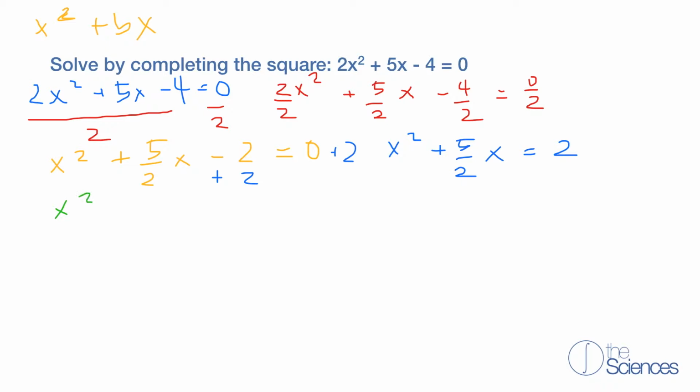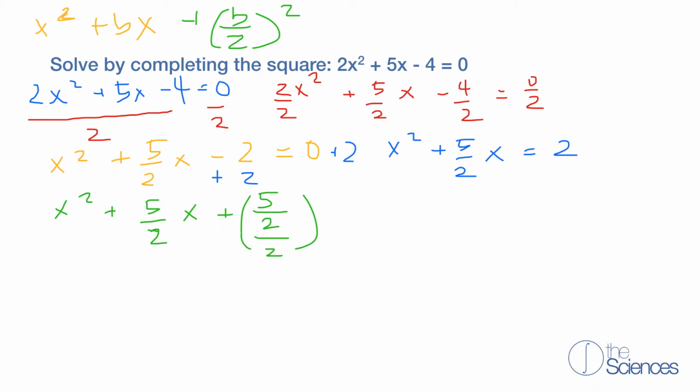Now we're going to have x squared plus 5 over 2 times x plus, remember, we're going to add b over 2 squared to both sides. So we're going to have 5 over 2 squared equals 2 plus 5 over 2 squared.